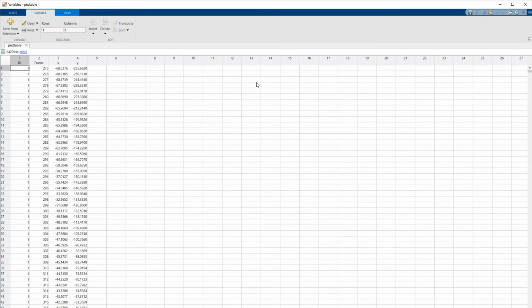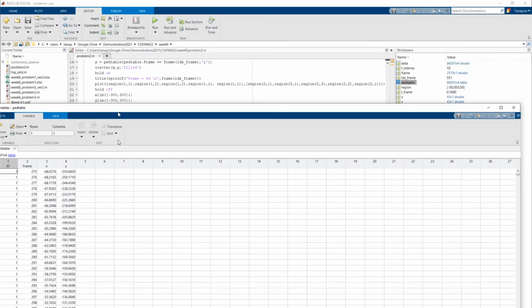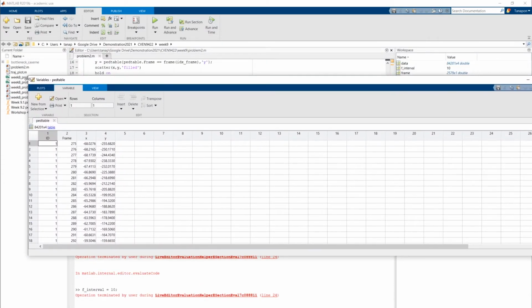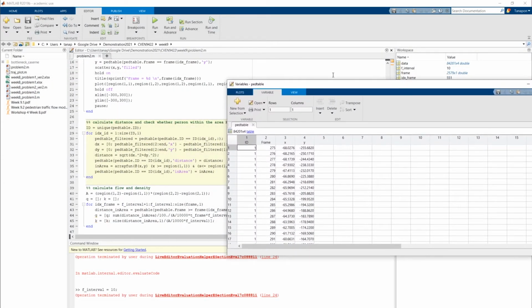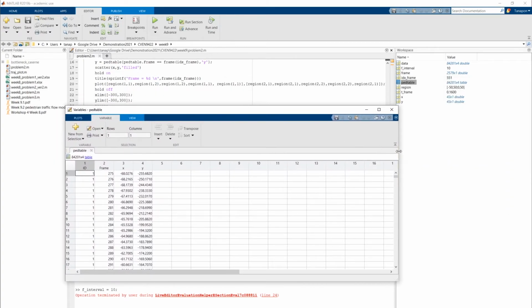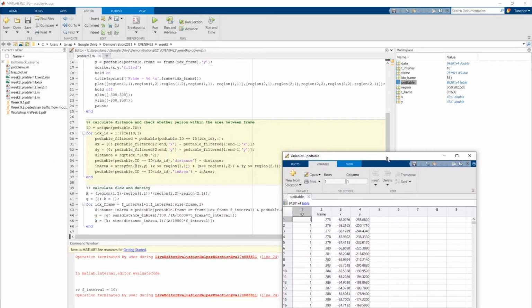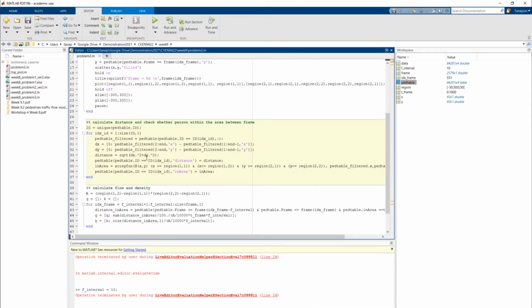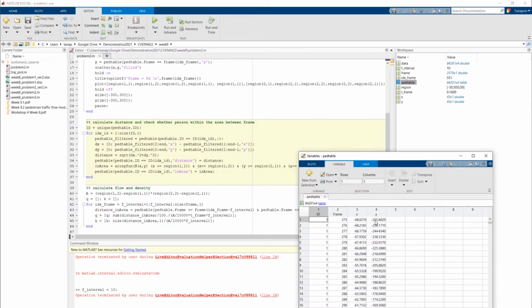So before we run, I want to make this smaller. Can I dock this? Never mind. Let's do this. So here, before I run, you can see we have 4 columns and 84,000 rows.